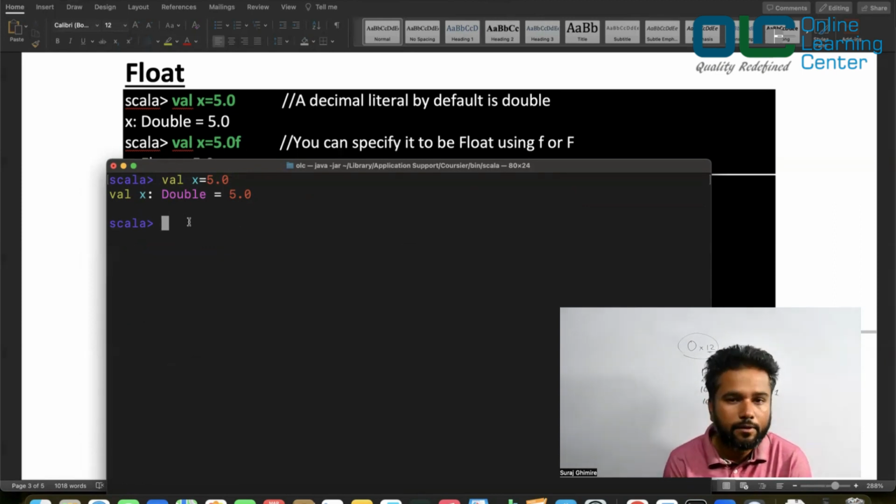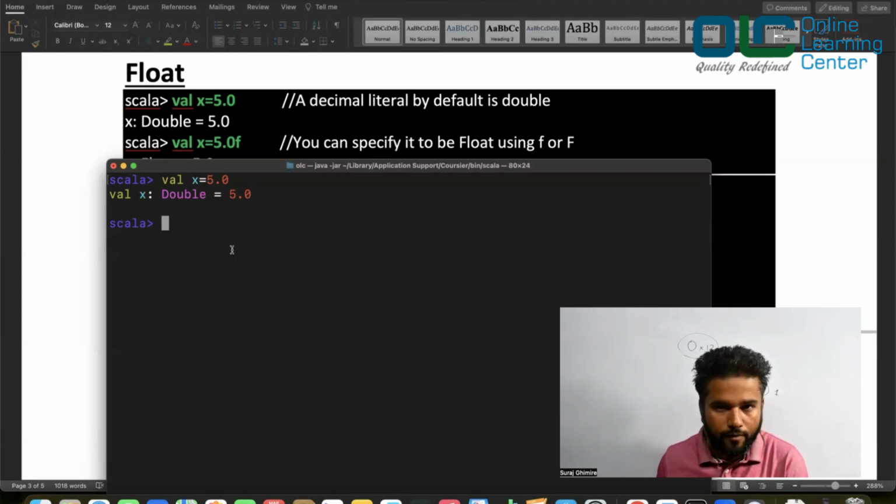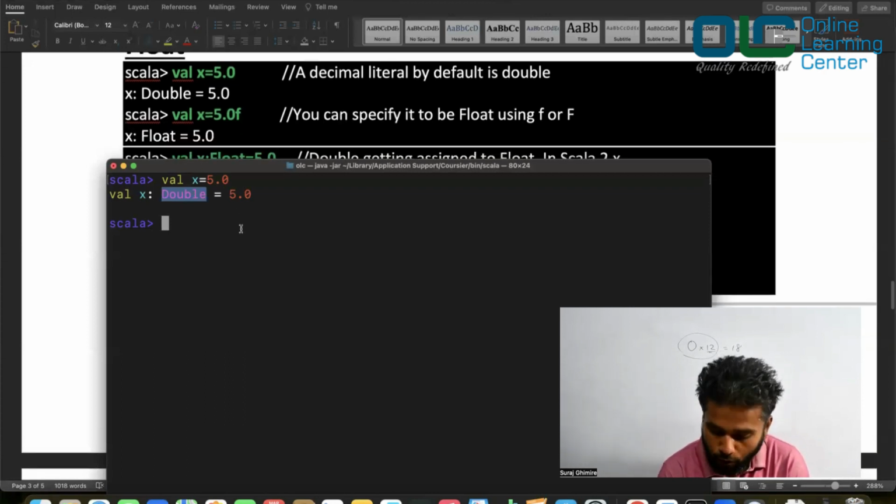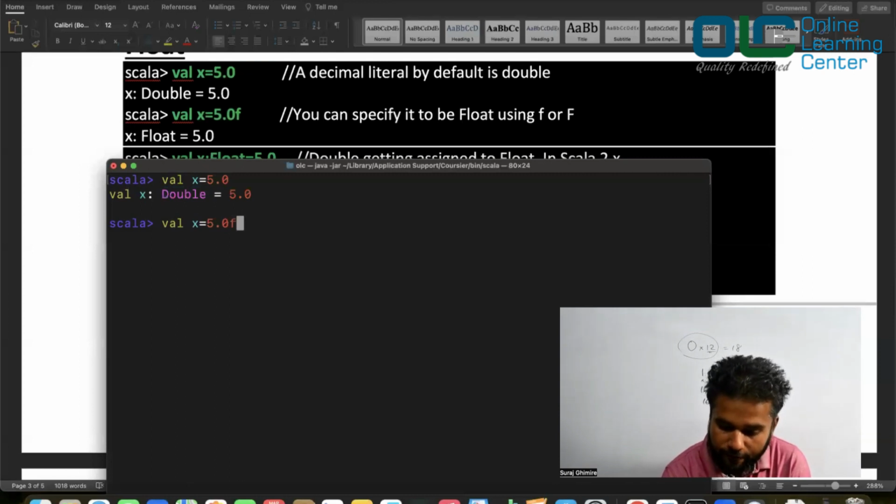If I say x is equal to 5.0, then it by default gives you a double. So remember, for the numeric type, the default data type is integer, right? Which means if you perform any operations, it ultimately gives you integer. Likewise, for decimal kind of values, the default is always double and not float. Okay. However, if you want to get the float, then you should write f.